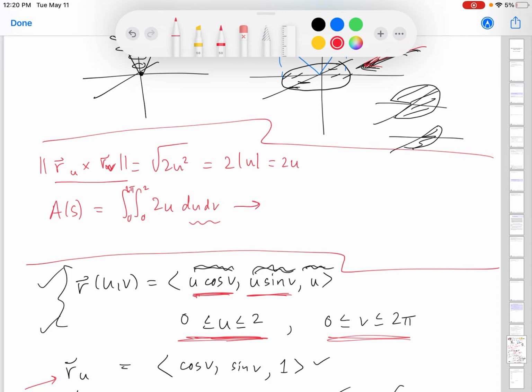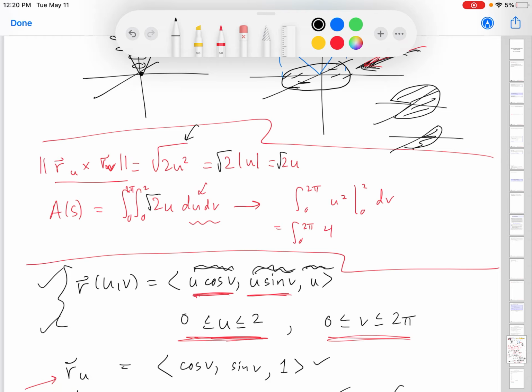Great. So thankfully we are now down to an integral that is fairly straightforward to evaluate. When I integrate with respect to u, I just get u squared evaluated from 0 to 2. One thing that I did notice is that this square root should be there.